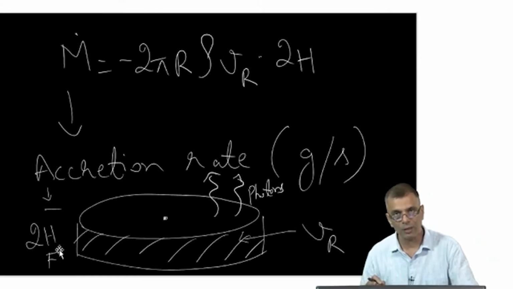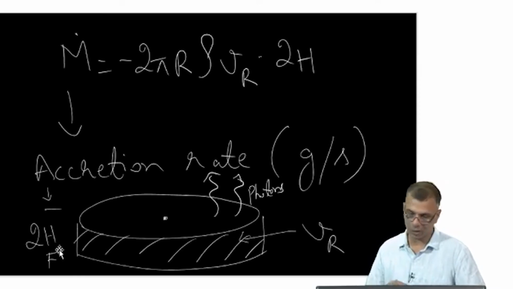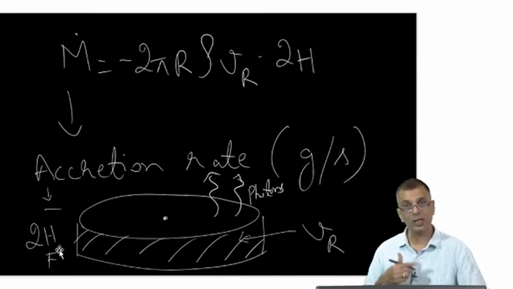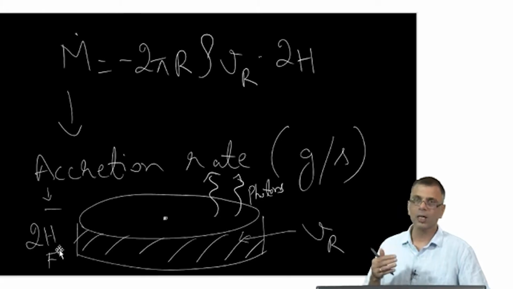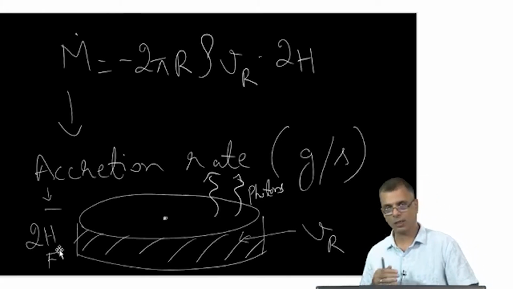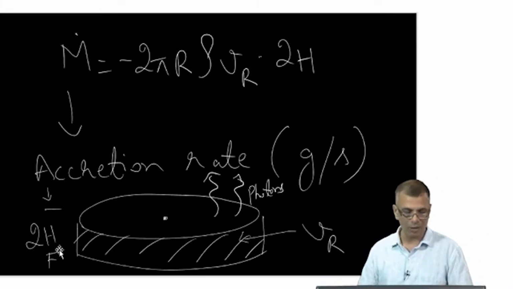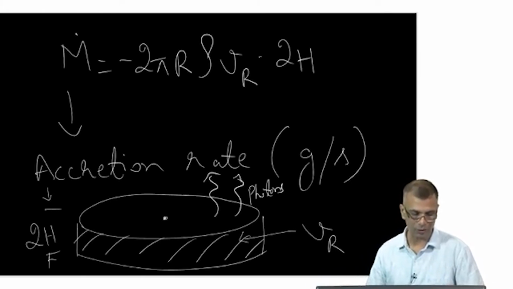Not directly the energy flux that's dissipated due to dissipation, but the energy flux which enables a heating, and therefore the photons that are indirectly a product of this kind of viscous dissipation, right?